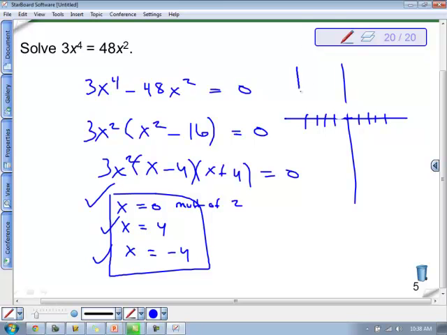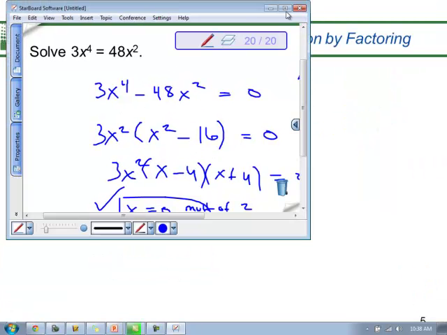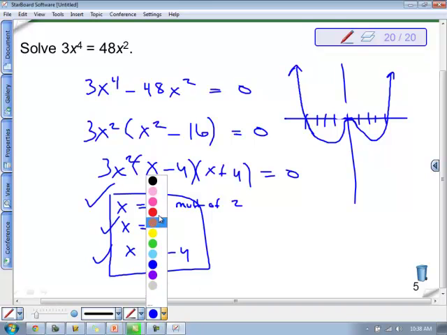It goes down, it changes signs at negative 4, then it doesn't change signs here, and then it goes back up. If you were to graph this in your calculator and find out where it equals 0, you'd have to find these 3 zeros, this one, this one, and this one, by doing second calculate zero. But this is the work I'm going to expect to see on a quiz or a test, especially a no calculator part, obviously.